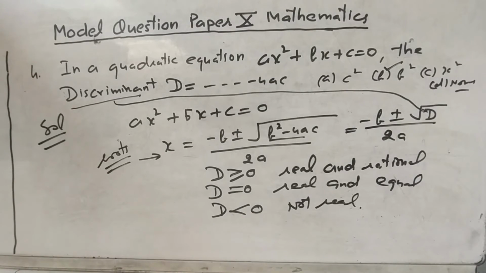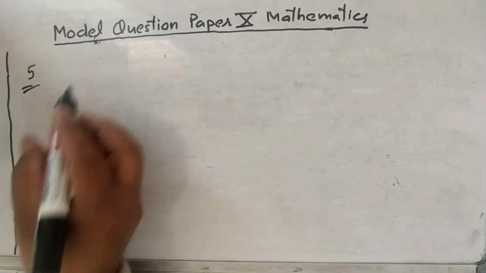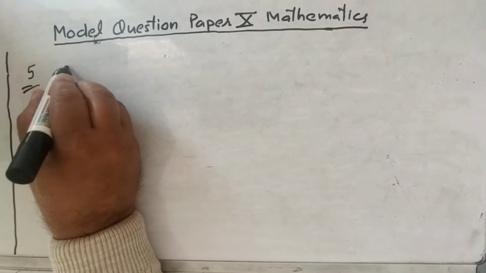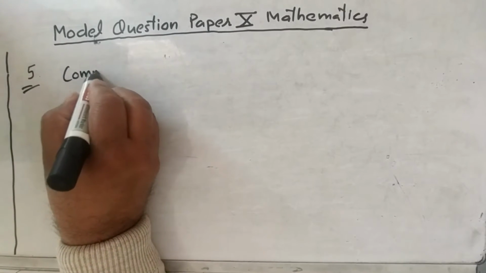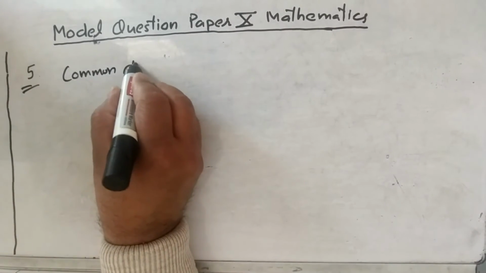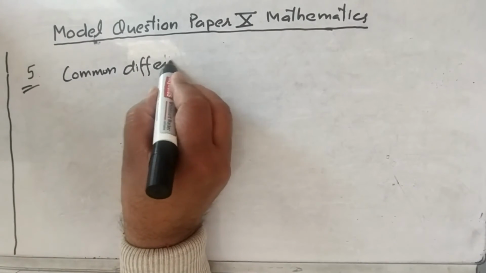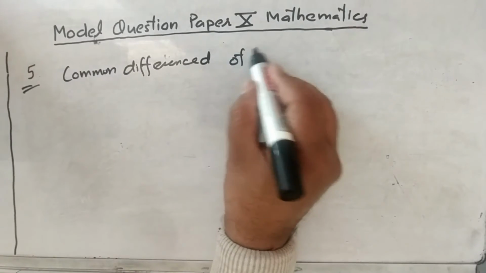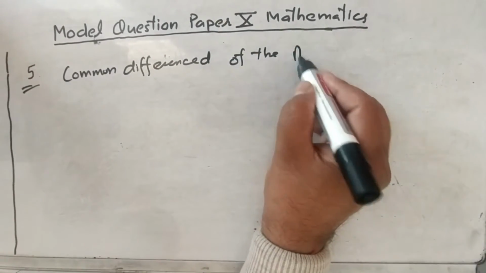I am coming to your question number 5. You have the common difference D of the AP.